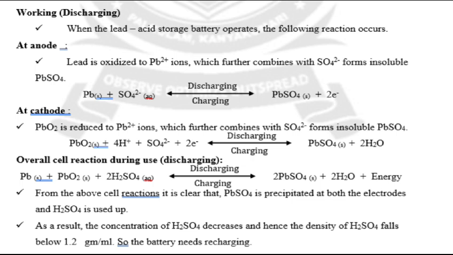So hence at the anode and cathode, lead sulfate is accumulated. So the overall reaction shows the accumulation of lead sulfate. And also the concentration of sulfuric acid decreases, hence the density of sulfuric acid falls below 1.2 gram per ml. So the battery needs recharging.